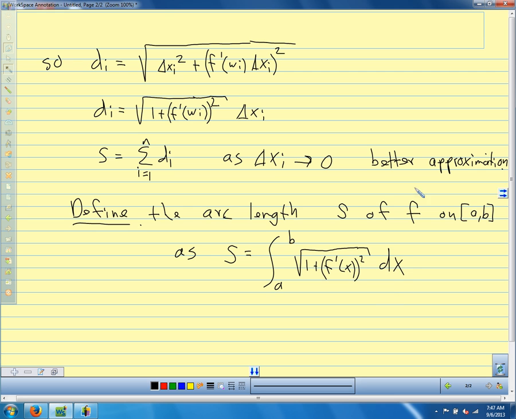And we're assuming that f is continuous and smooth on our interval. So our function isn't doing anything strange on it. So this is our definition of the arc length. We motivated it with some geometric arguments, used the mean value theorem, but this is our definition.